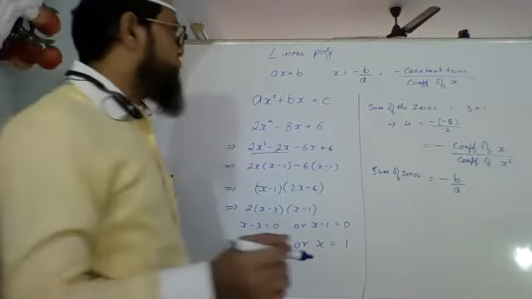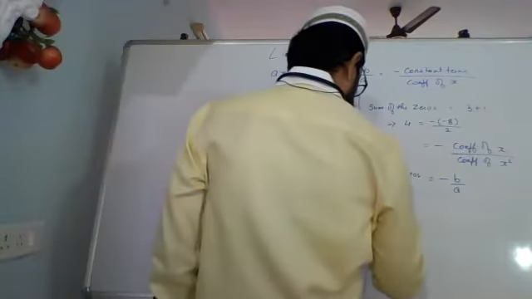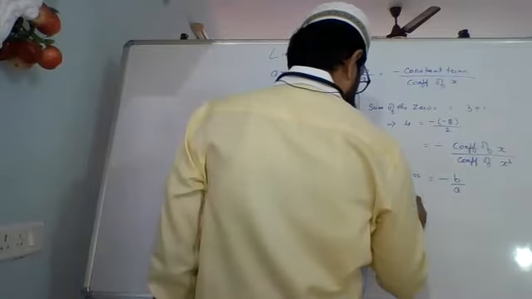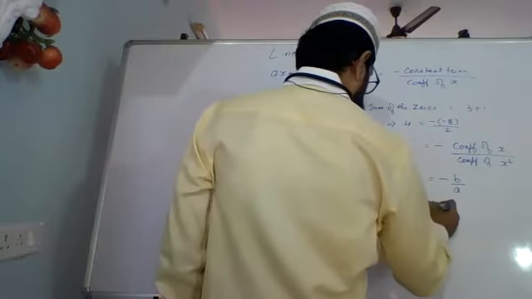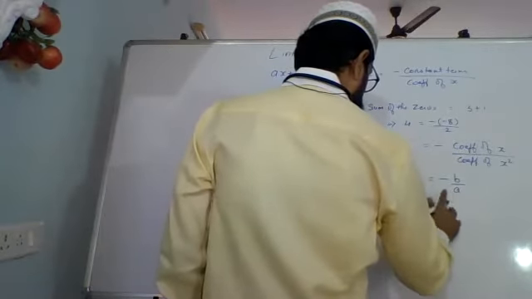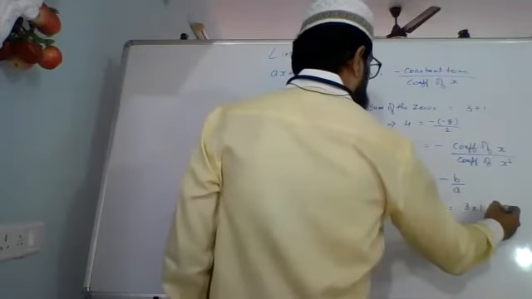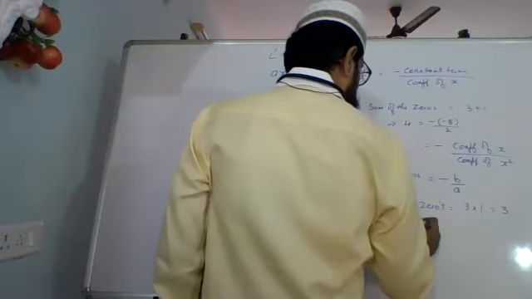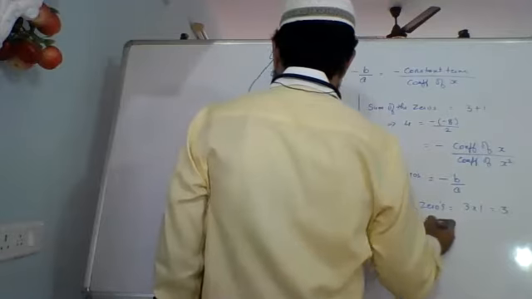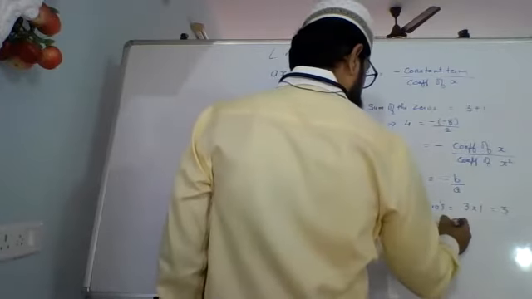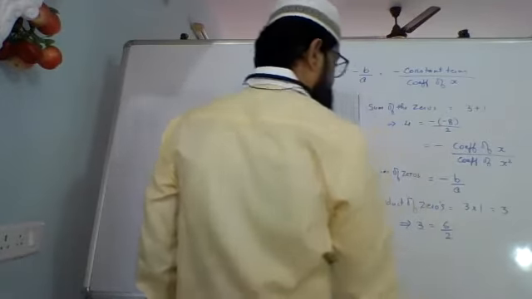Similarly, let's look at product of zeros. Now, what is product of zeros over here? 3 into 1, which is nothing but 3. So I'm saying this 3 I'll write as 6 upon 2.